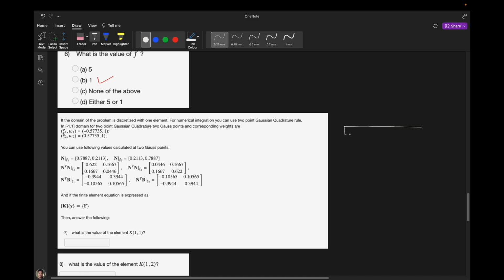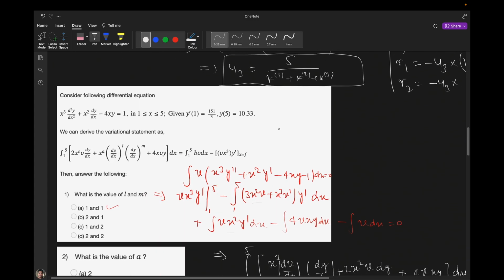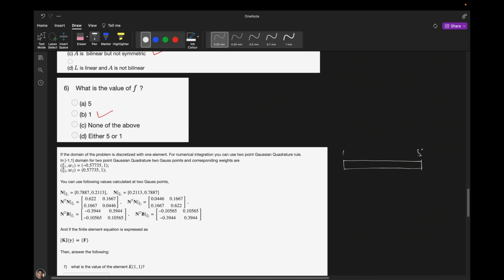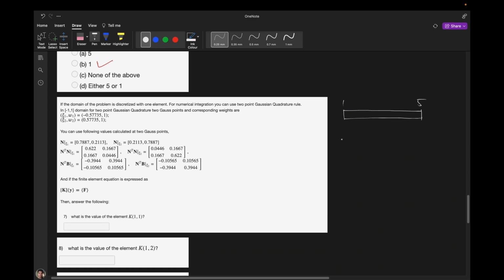The meshing is already given, that is 1 to 5. So we don't have to merge any element or create any global matrix. Only one matrix is enough to solve this problem, and it has also given the Gaussian points.